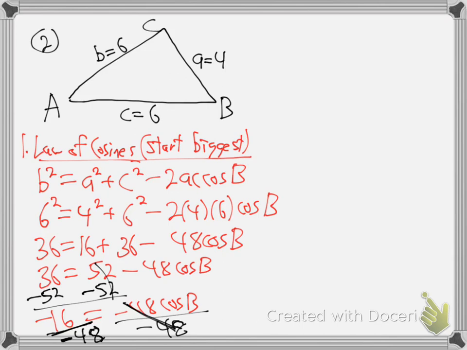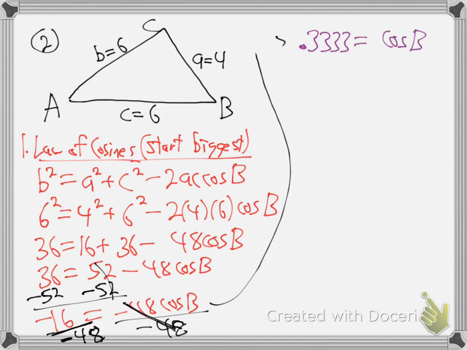These cancel. Bring it up here. And we get, what is that going to be? Yeah, that's 1/3. So your calculator would be 0.33. It's fine if you have decimals or fractions, whatever. That is cosine B. Is that what y'all got to that point? Good, positive, right? Because two negatives make a positive.